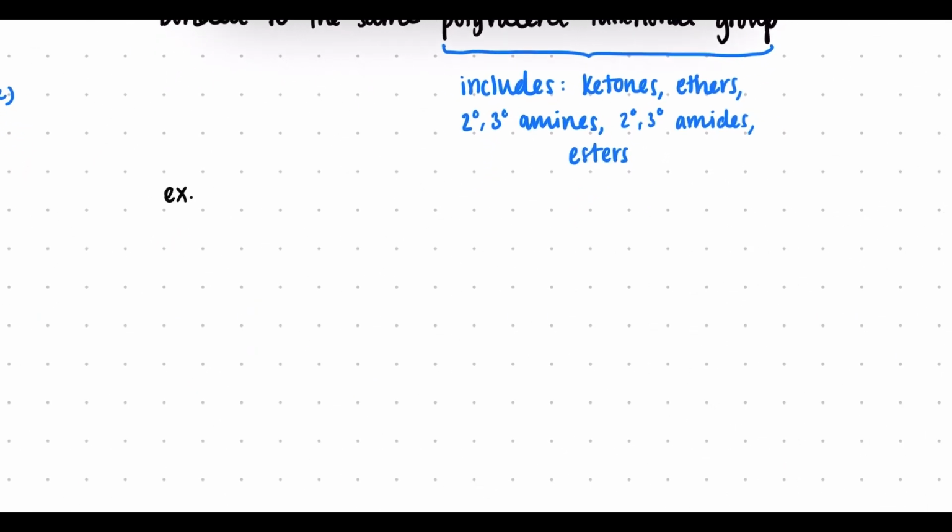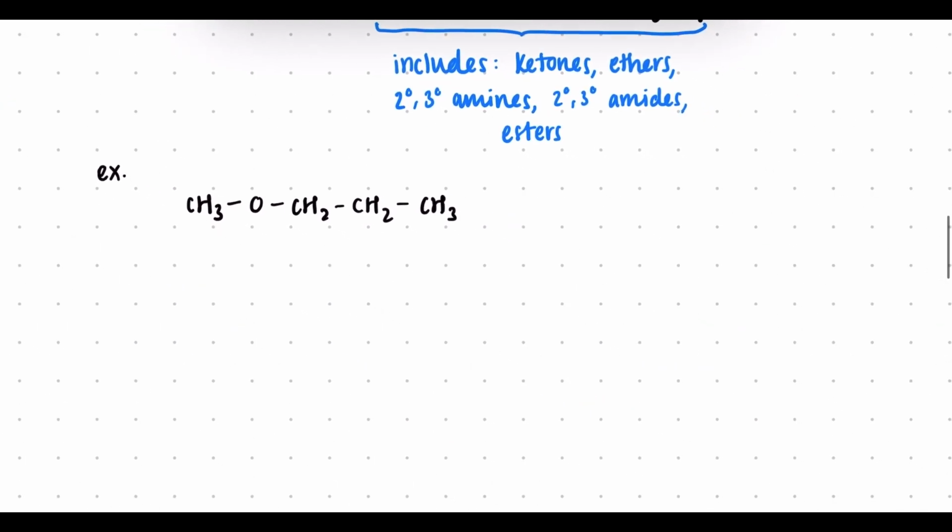So this is example number 1, and we're talking about ethers. This is the first compound, and the second compound is this.